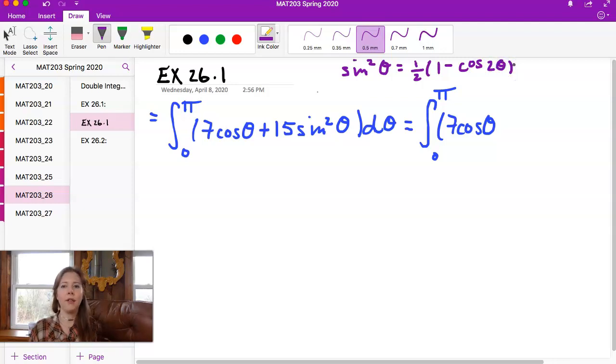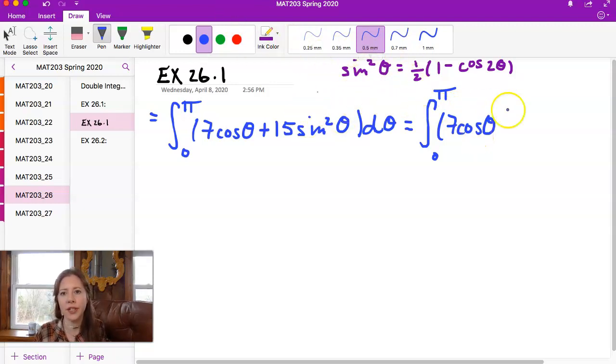On Moodle, there's a trig cheat sheet with these different trig identities. So be familiar with those because you're going to have to use them sometimes to simplify your integrals. Otherwise, this would be really hard to evaluate in its current form.